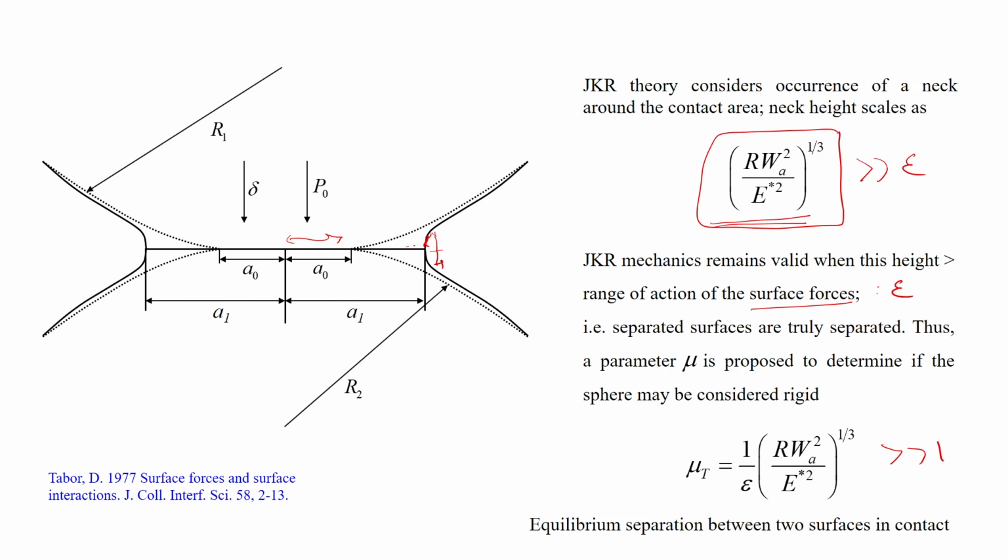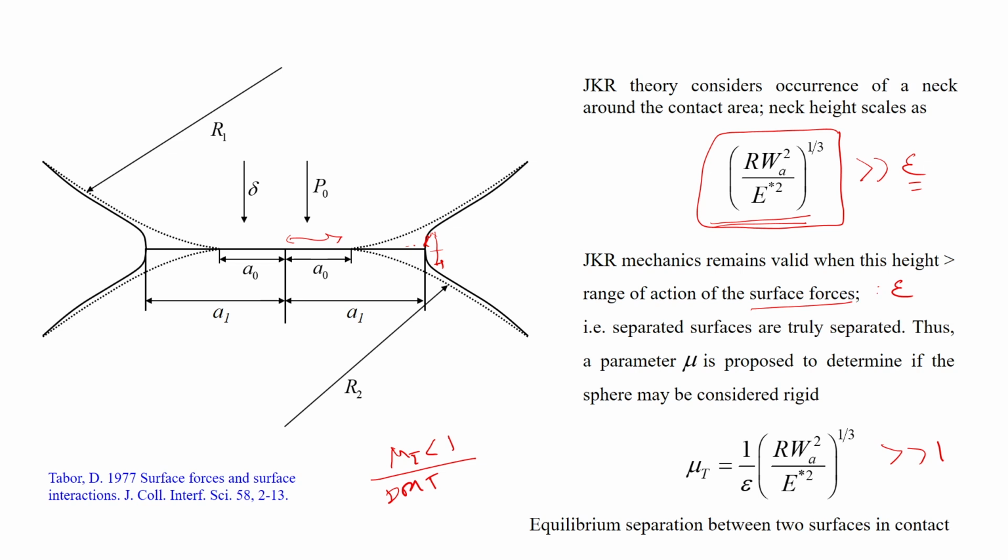On the other hand, if this quantity is much smaller than epsilon, that means this ratio is smaller than 1, then we have the DMT model. That is what Tabor said. So, when mu t is smaller than 1, then we should apply the DMT model, because in that case the neck height is small with respect to epsilon, the range within which surface forces can act.